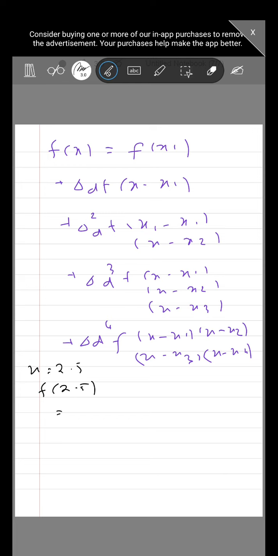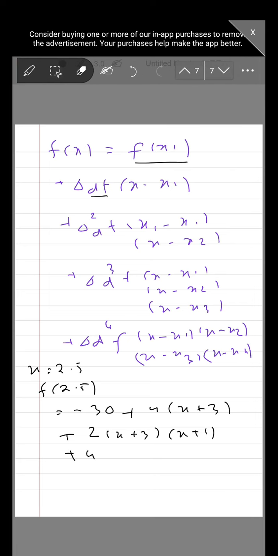f(2.5) happens to be equal to the first one, that is minus 30 corresponding to f(x1), plus 4, that is delta d f, into (x plus 3), plus the second value, which is 2, into (x plus 3)(x plus 1), then plus 4.